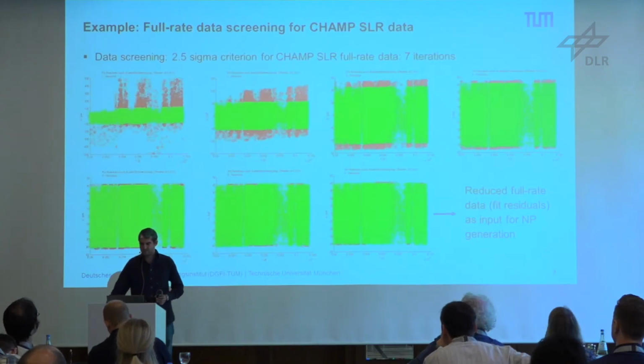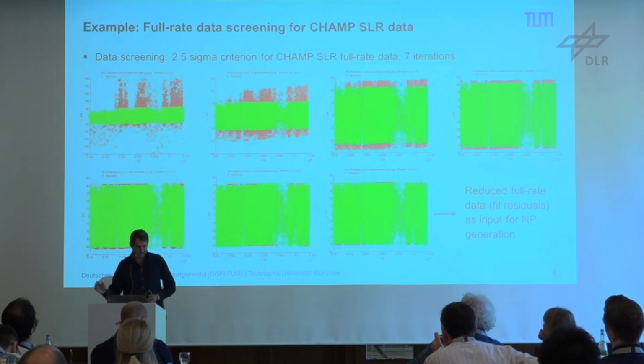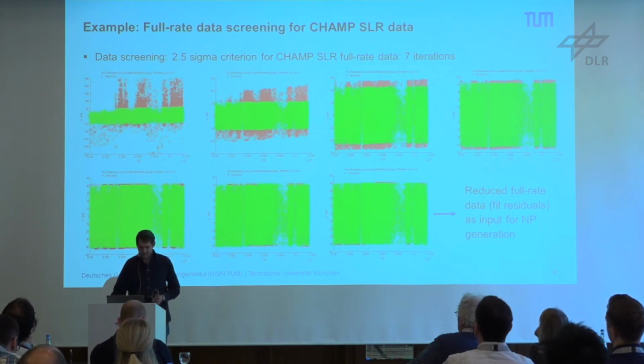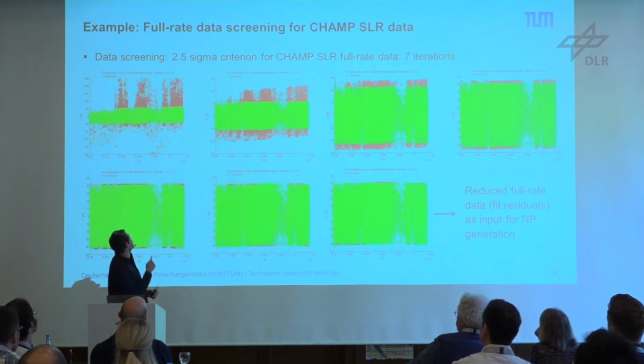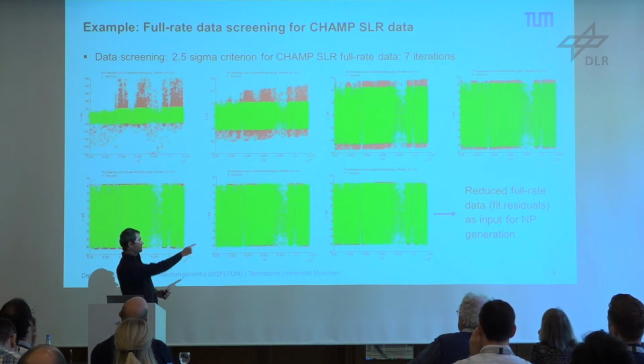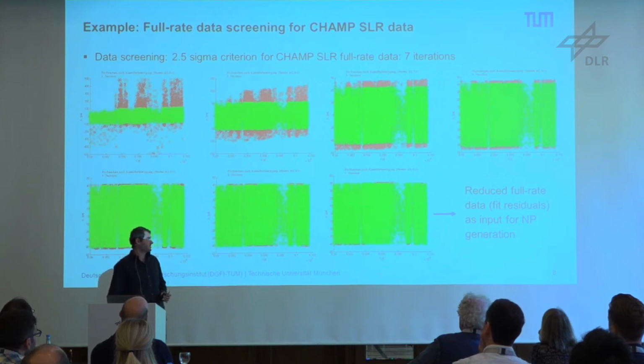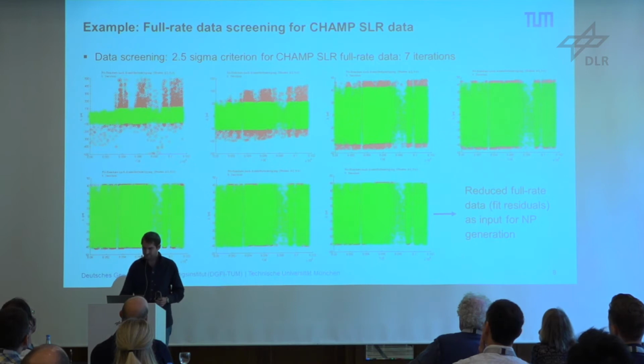For example, this is just an example that I calculated some time ago. We have 7 iterations, apply a 2.5 sigma criterion, and in the last plot we have the reduced full rate data set, which is then the input for the actual normal point generation.